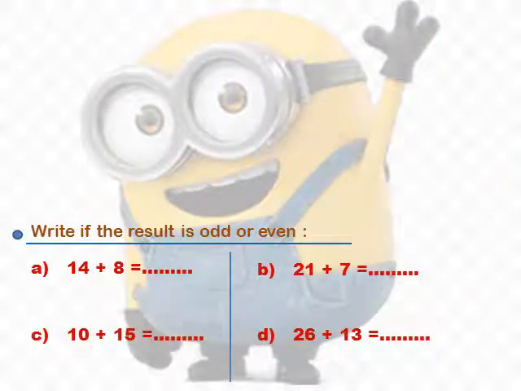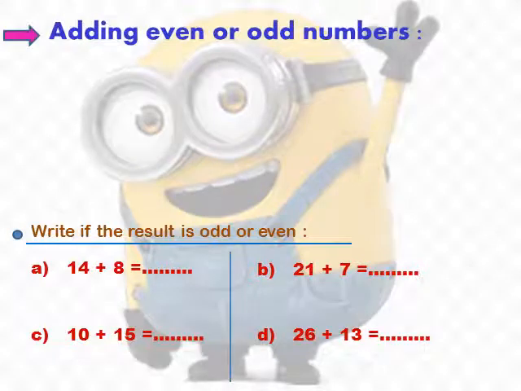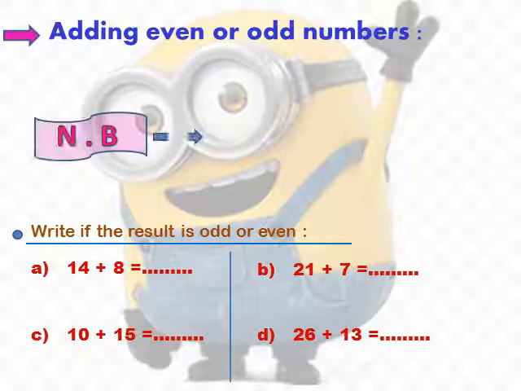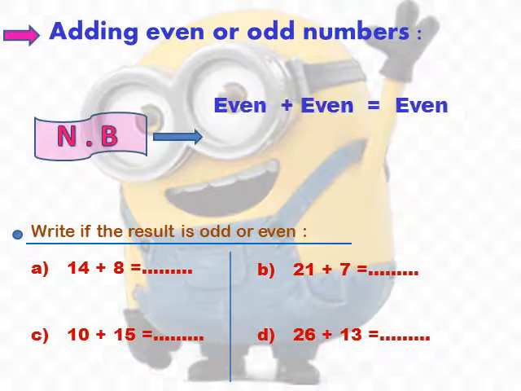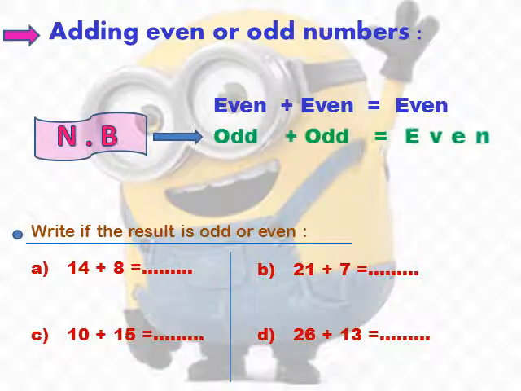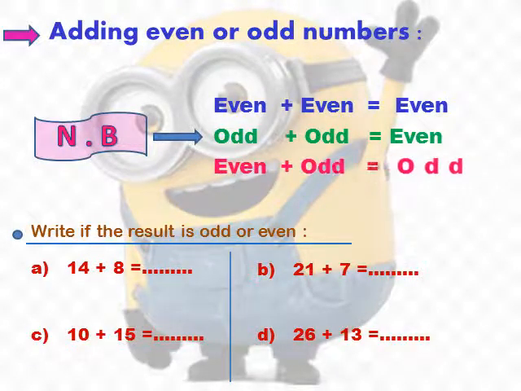Okay, let's move next. If I want to add even or odd numbers, I have some notes here for you, which are: even plus even equals even, odd plus odd equals even, and even plus odd equals odd.